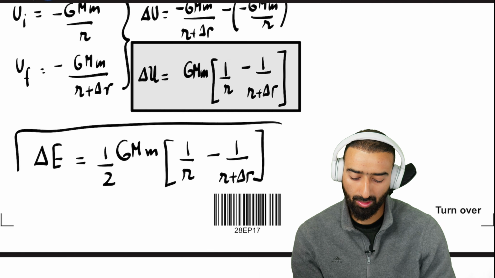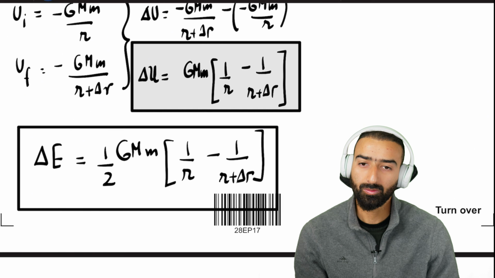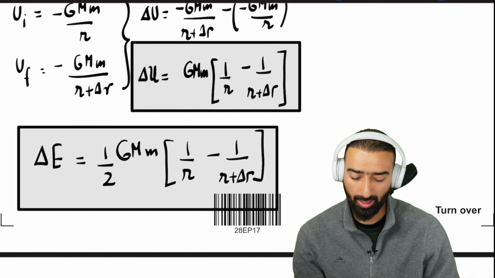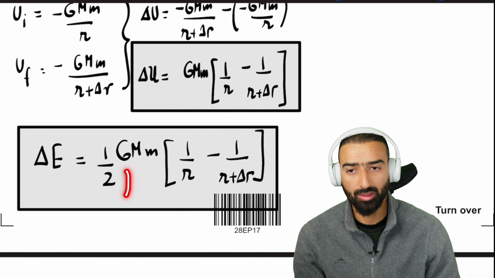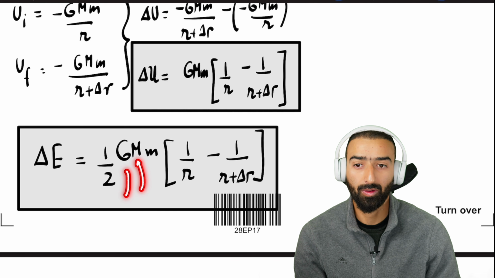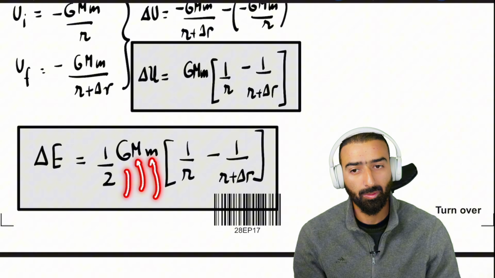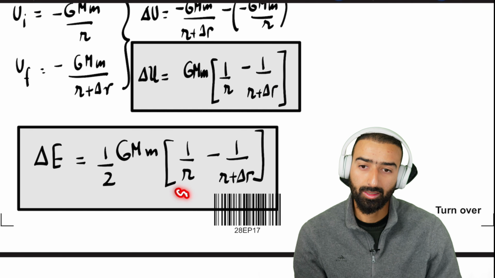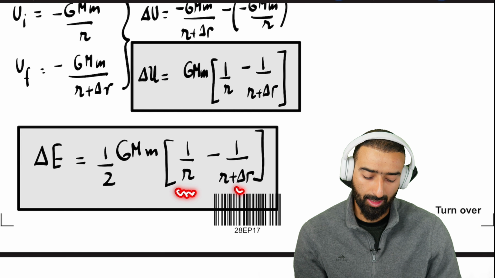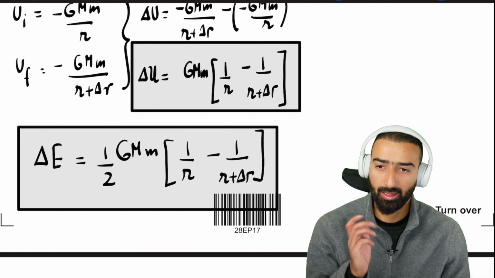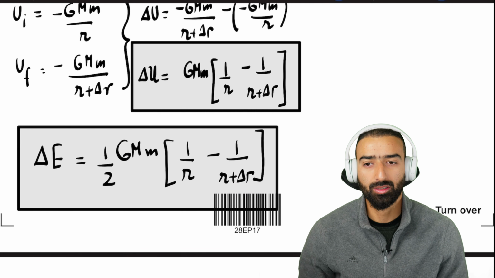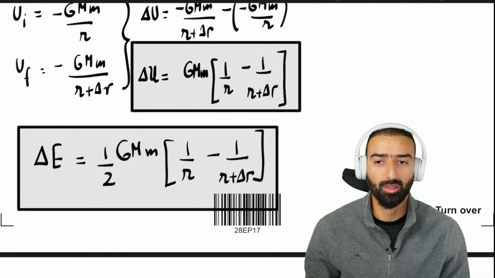Alright, and that solves our problem. We have all the values required. G is a constant, M is the mass of Earth, you'll find it in your data sheet. m is the mass of the satellite, r is its initial distance, and delta r is the increase in the distance. And that completely solves this problem. You just need to substitute the values.